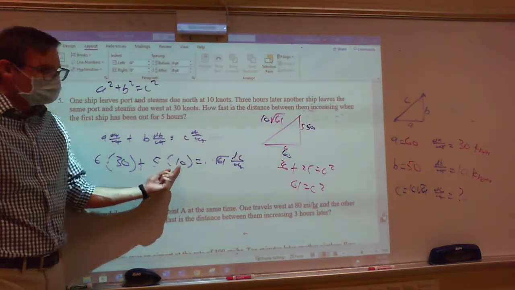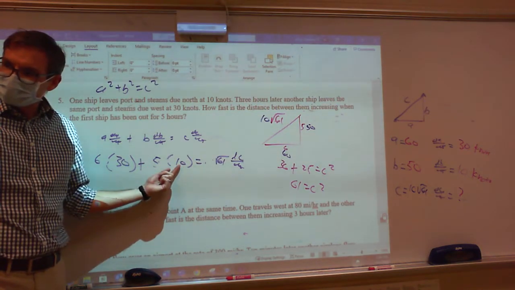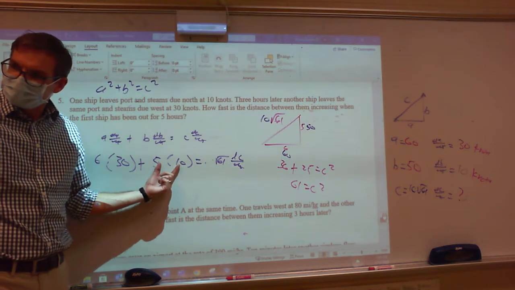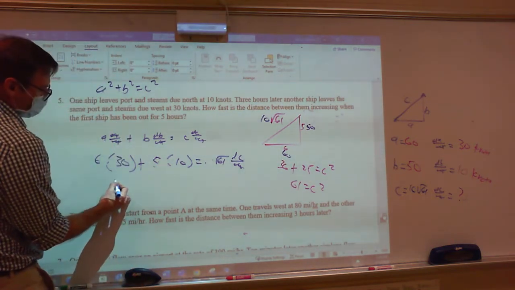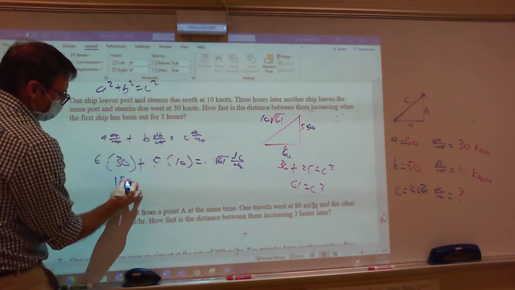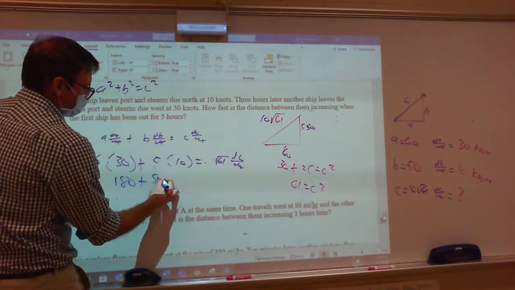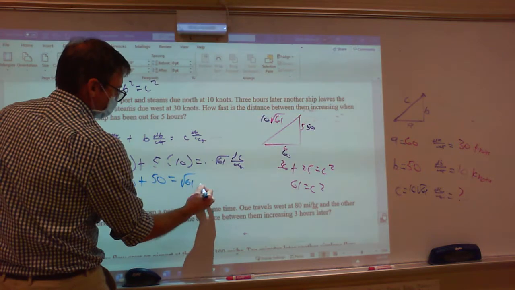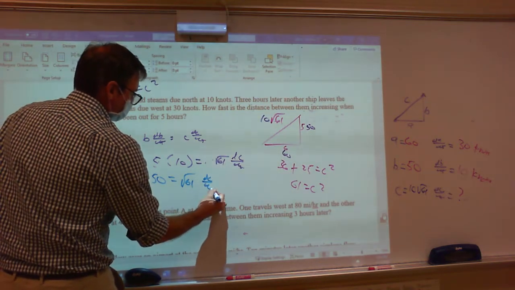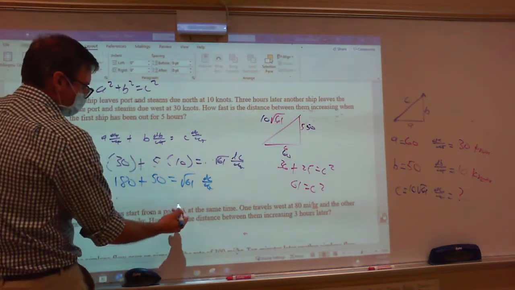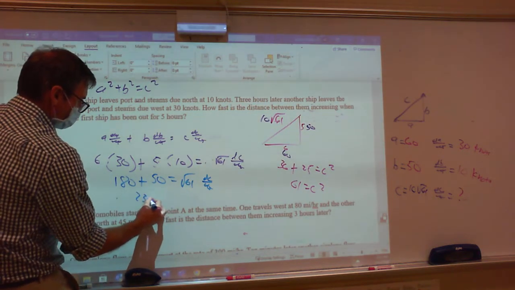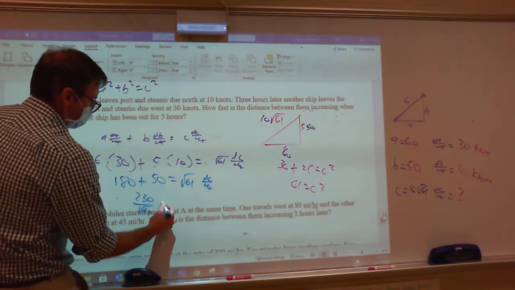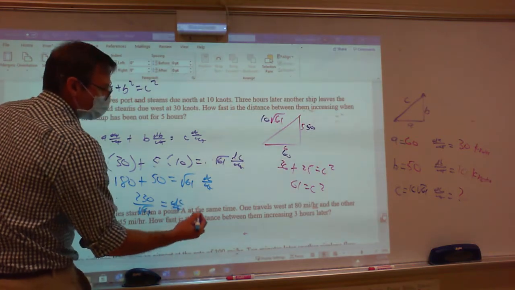Think of that 50 times 10 is 500. If you divide that by 10, you get 50. So that's 180 plus 50 is equal to square root of 61 times dC dt. So that's going to give me 230 over the square root of 61 is equal to dC dt.